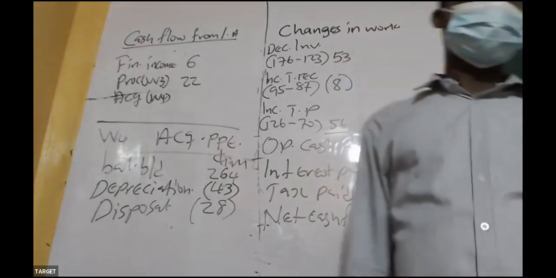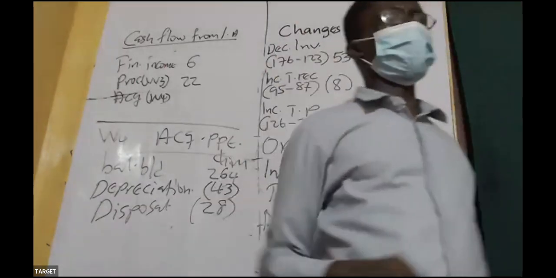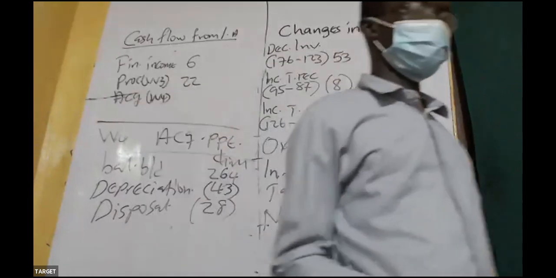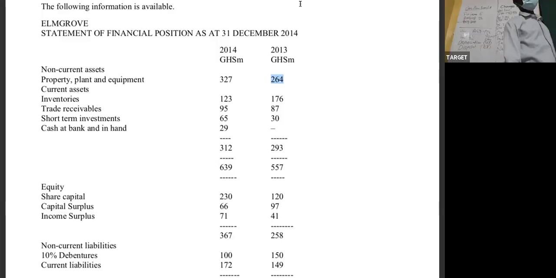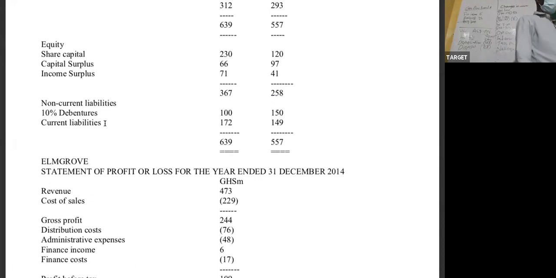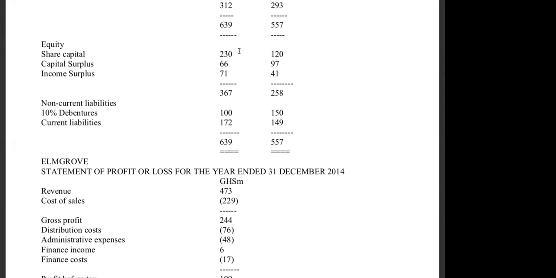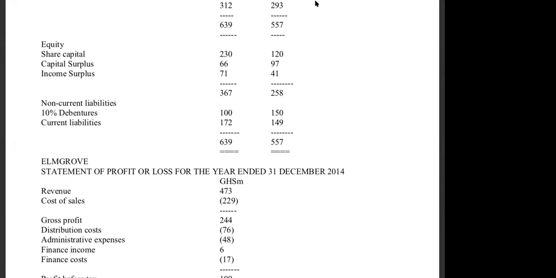Then you check whether there's a revaluation gain or loss. But in this question, we have established that there was a revaluation loss, not a gain. It was a loss because they've used it to offset a previous gain. And that's what you see in the capital surplus, from 97 down to 66, a difference of 31.